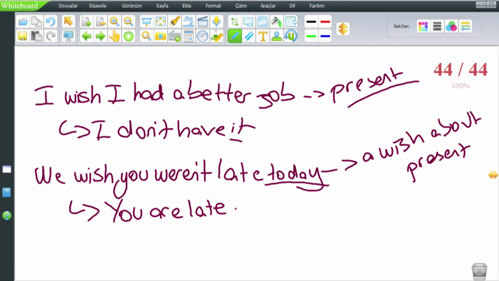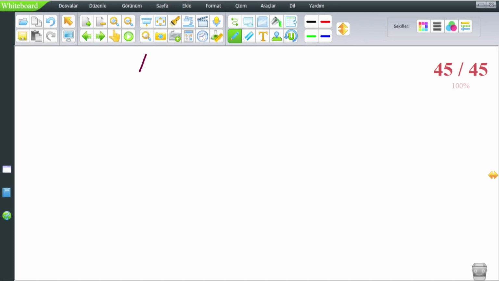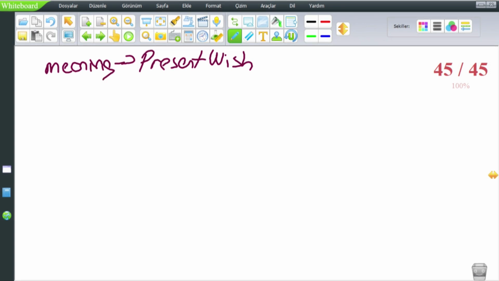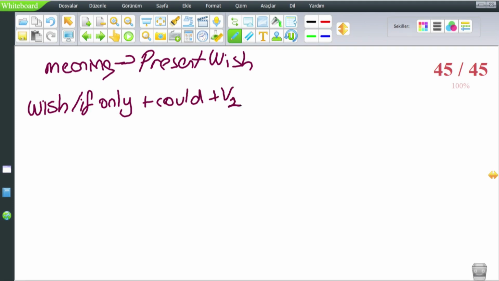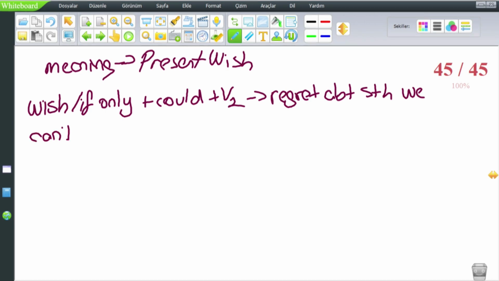We also have one more present wish. The meaning is present, but the grammar rule is again different. We use wish or if only, could, and bare infinitive verb 1 to express regrets about something we can't do at present.